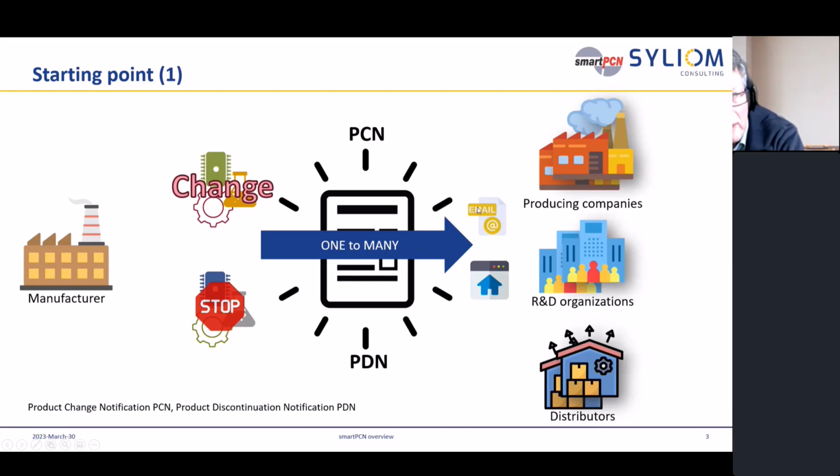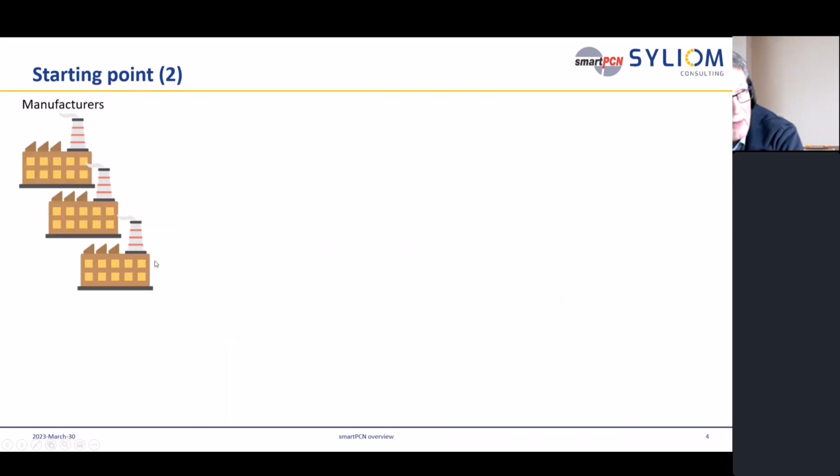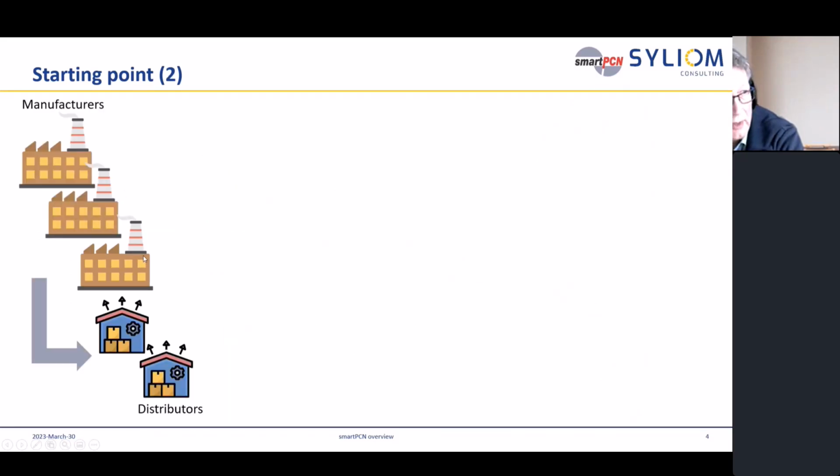And with an email, okay, it's good, you receive an email, but in many cases it's not available for other people. Or they post it on their website, but then you would have to look on their website to find out what are the changes, what are the discontinuations of this manufacturer. Now, on the other side, we have a lot of manufacturers and we have distributors.